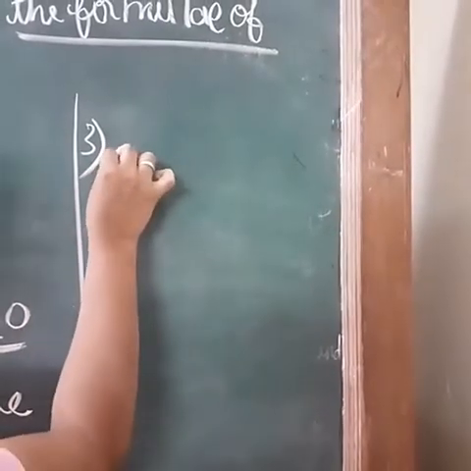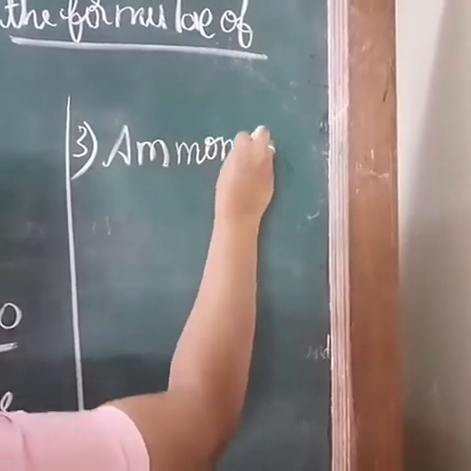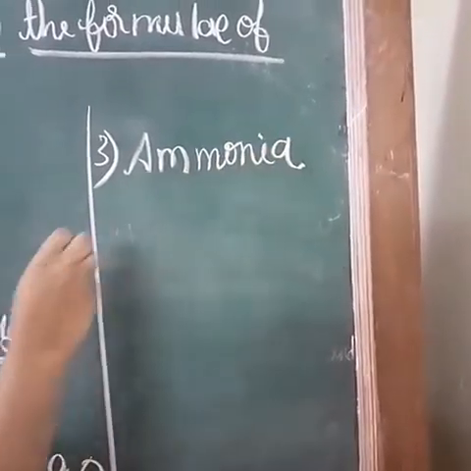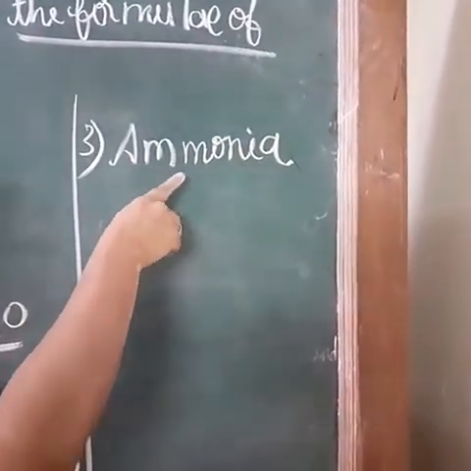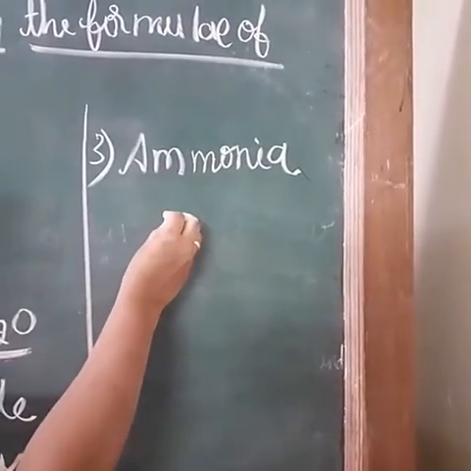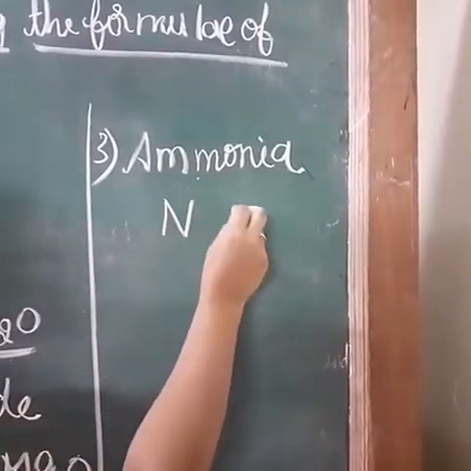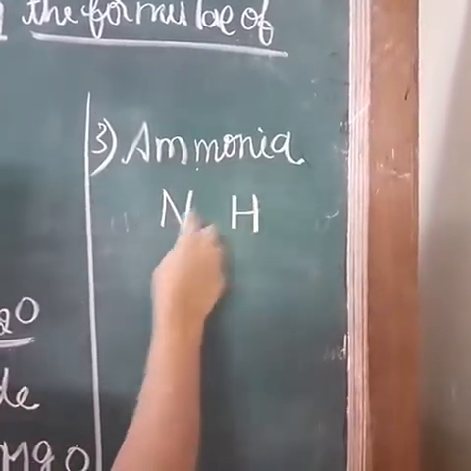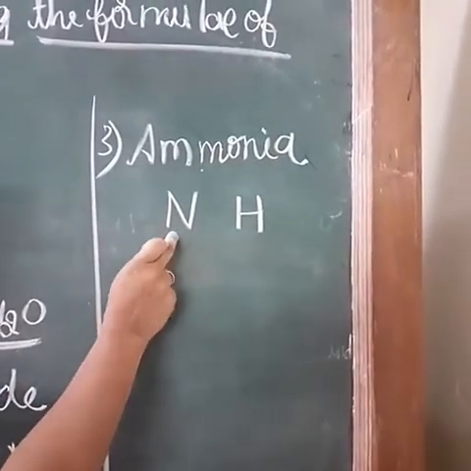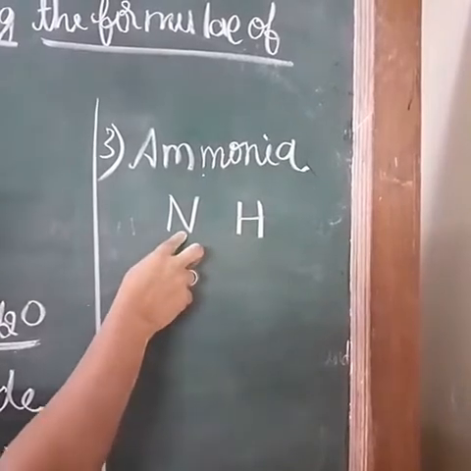Another example, ammonia. If you want to write the molecular formula of ammonia, first step, you should write the symbols of the elements, that is nitrogen and hydrogen. Next step, you should write the valency of nitrogen and hydrogen.